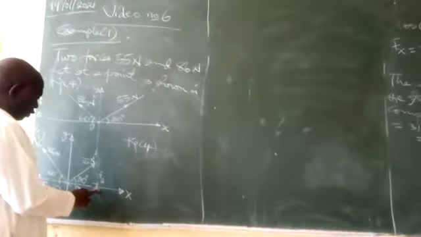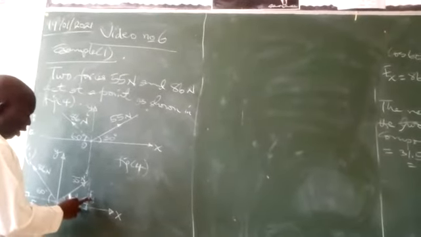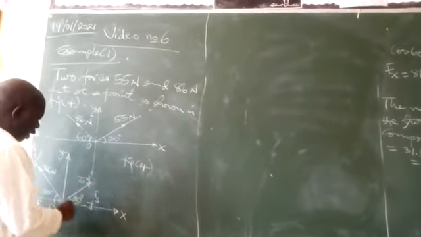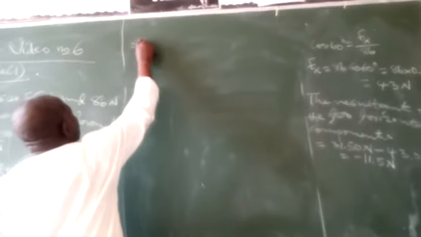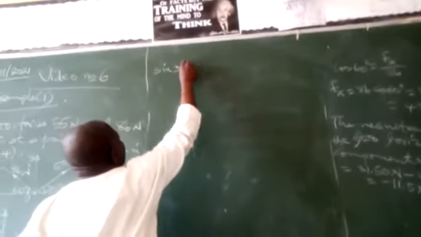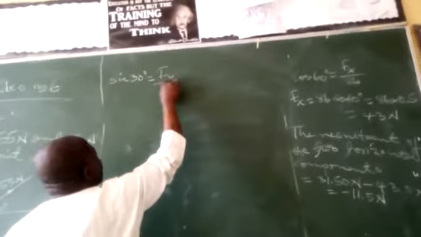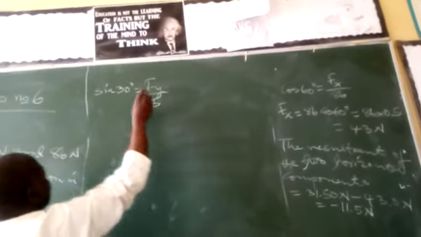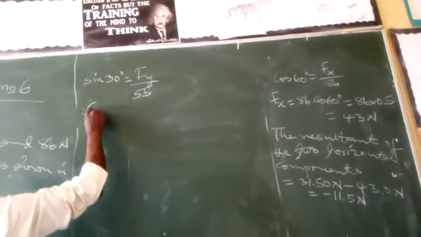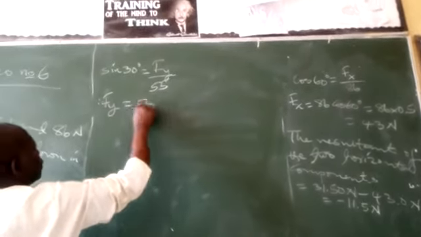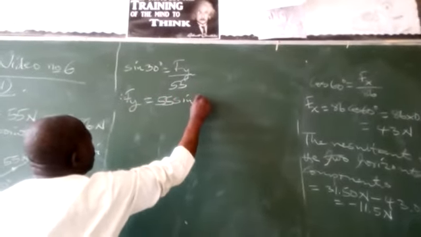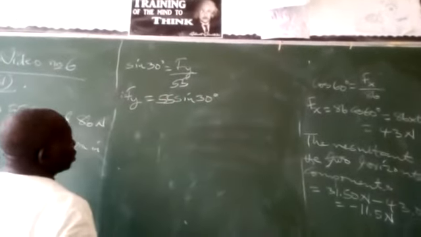Now, the vertical component of the first force here is represented by f sub y. And in that right angle triangle, f sub y is opposite to that angle 30 degrees. So, sine 30 degrees is equal to opposite over hypotenuse, which is f sub y over 55. By cross multiplying, I have f sub y is equal to 55 sine 30 degrees.